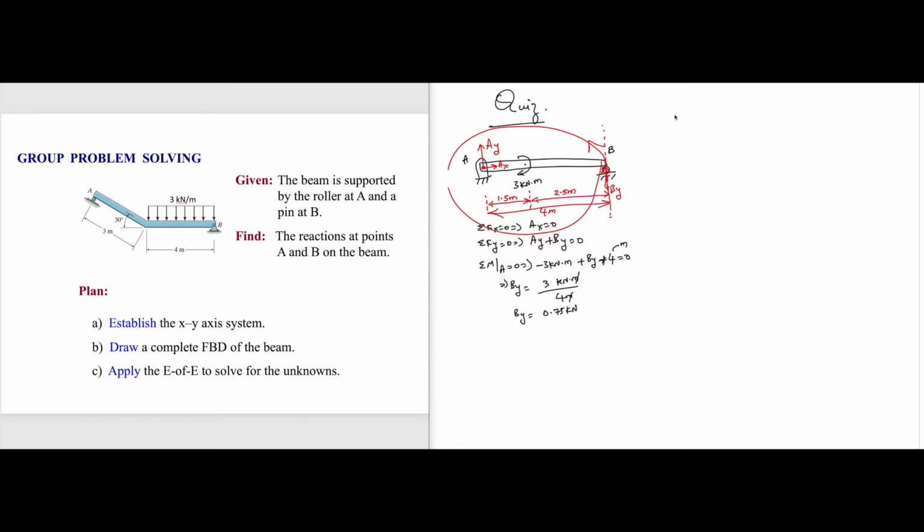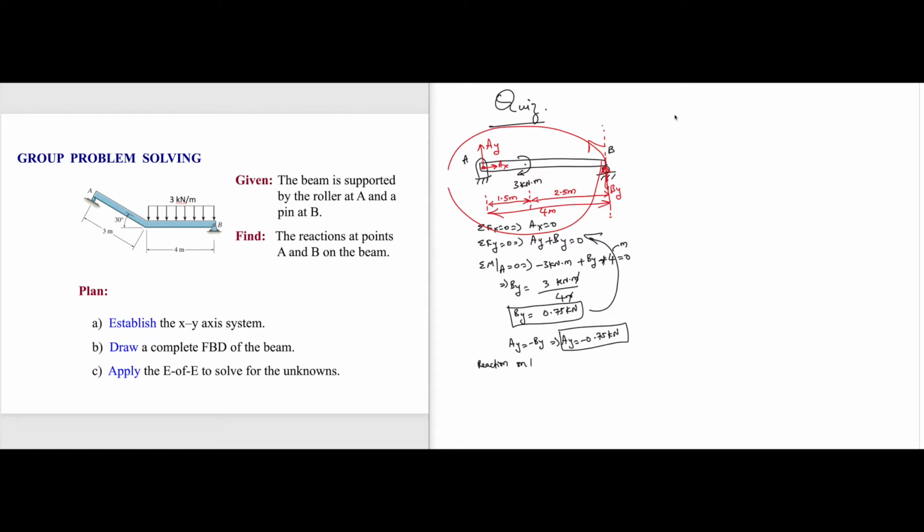So that is By. We will substitute By into this equation. Then we get Ay is equal to negative By. That implies Ay is negative 0.75 kilonewton. Because of this, you have to choose the right option. One of the options I gave you was the reaction on the left.